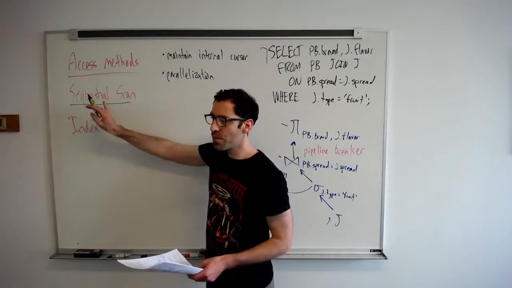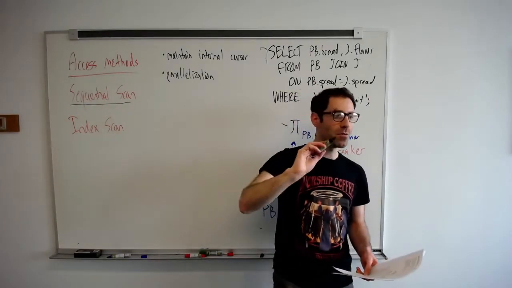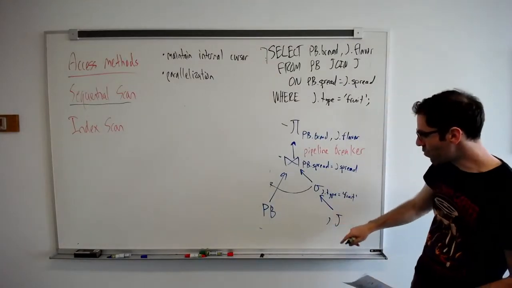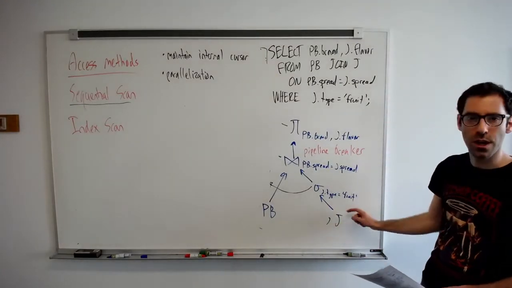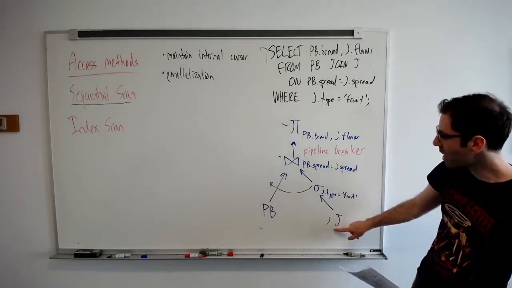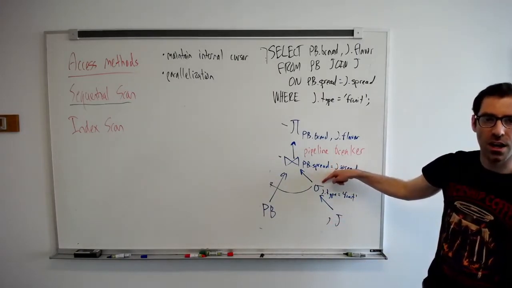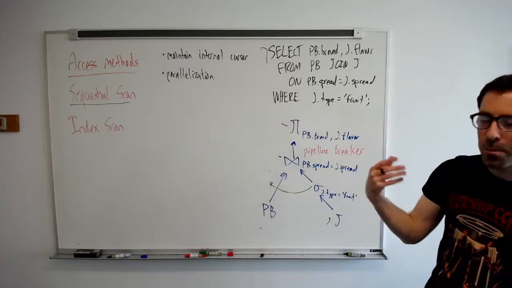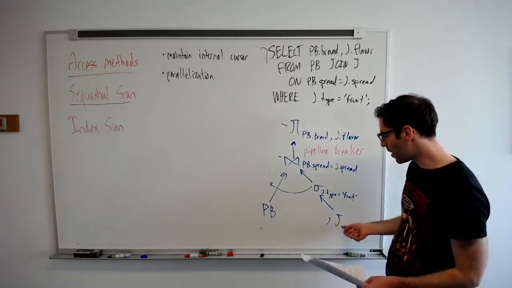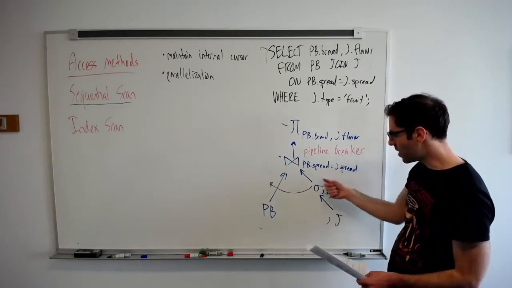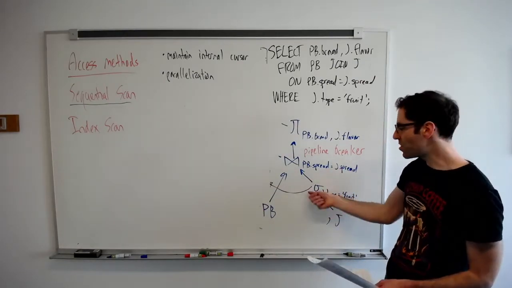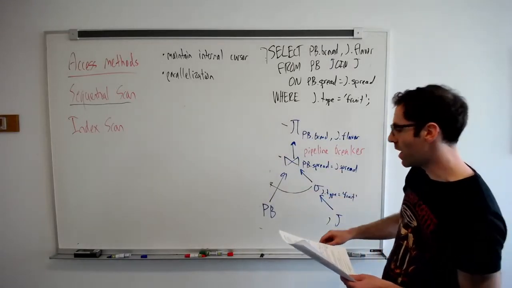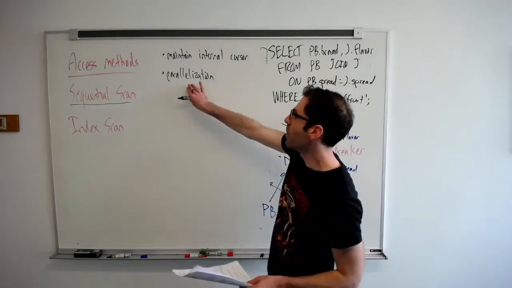This is particularly helpful if our sequential scan involves some sort of filtering. The way that I drew the query plan, we iterated through every tuple of J and then sent that to the selection operator, but you might also have a query plan where the two of these together are implemented as a sequential scan that does this filtering as it goes. So there, parallelization is helpful as well.